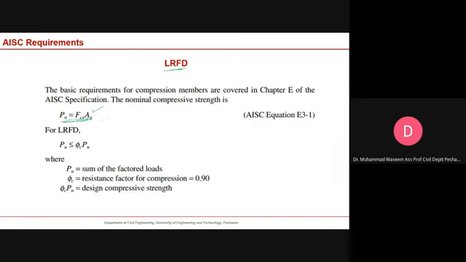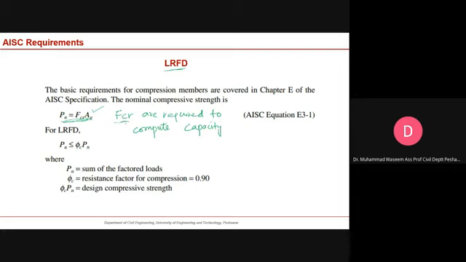You can see that critical stresses are required to compute the capacity.